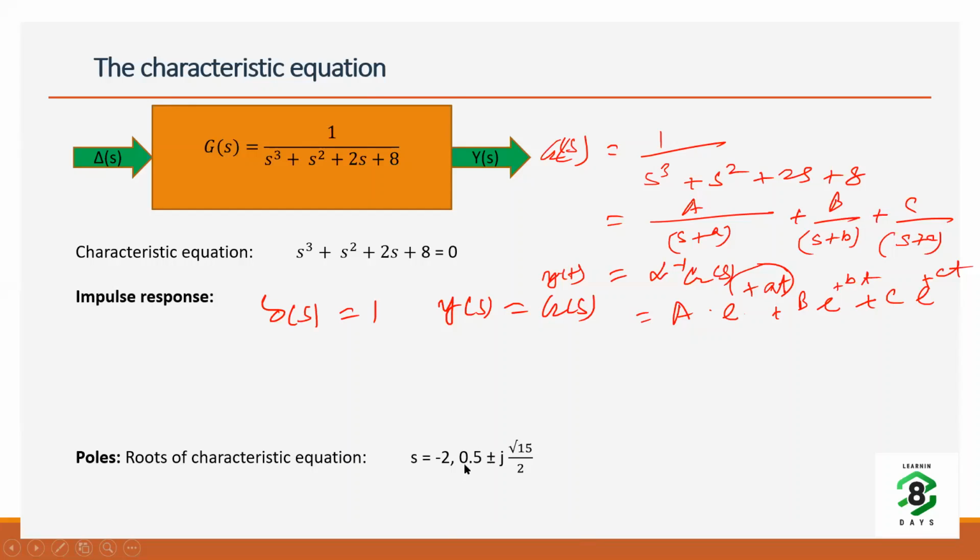That means the second term gives you an exponentially growing impulse response. So by the definition of stability, the second condition, we can say this system is an unstable system.